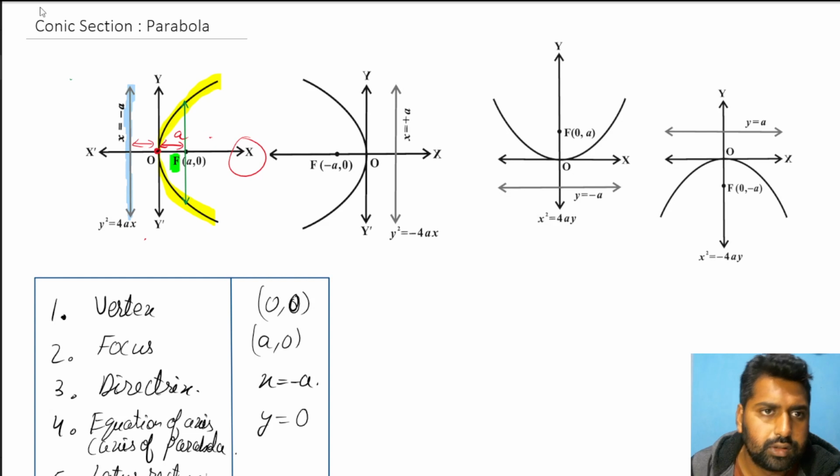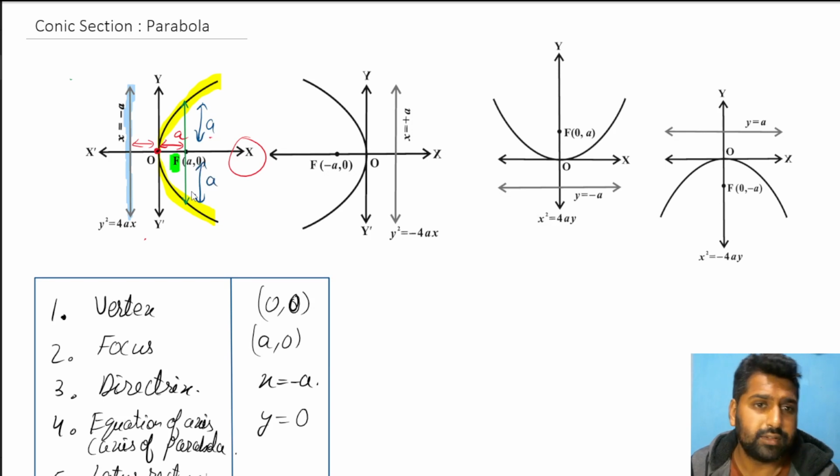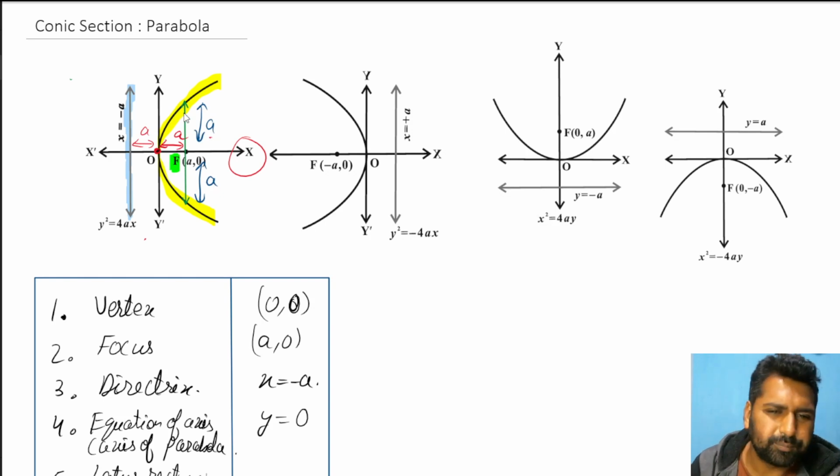If I draw a perpendicular from this focus, the length that is covered here, this length is also, interestingly, a. You can see how this parameter a is very important. a is some number right now, don't worry.